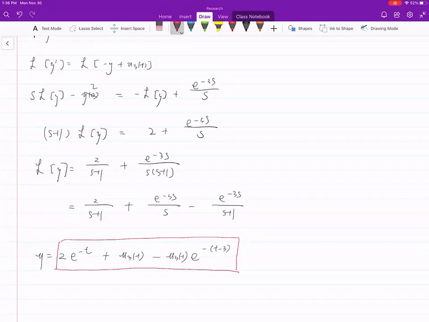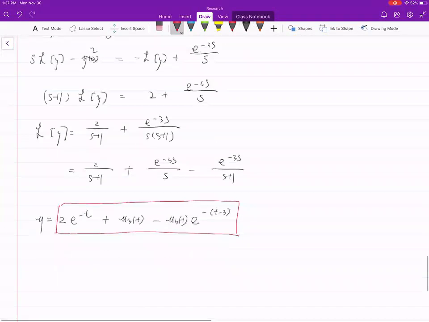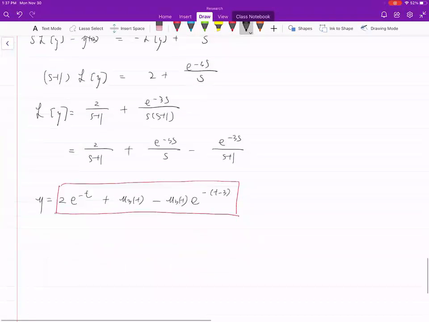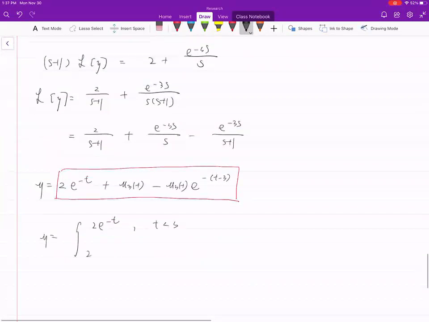And of course, your answer actually depends on where you are. If you think about it, this basically means when t is less than 3, the answer is this, because both are 0. When t is bigger than 3, you have the answer like this.